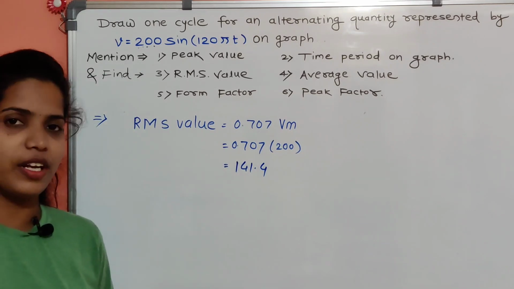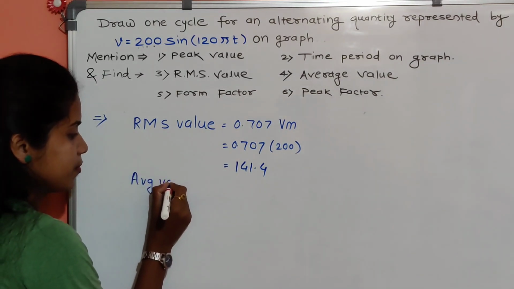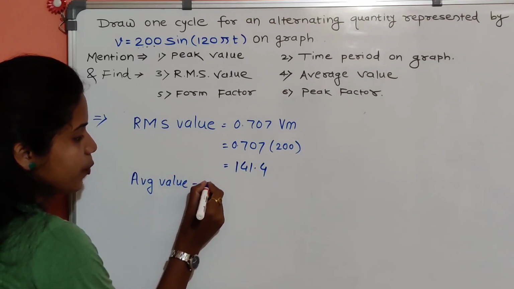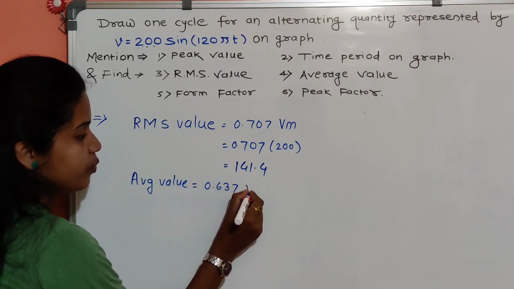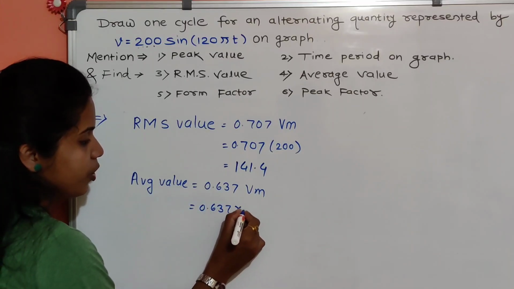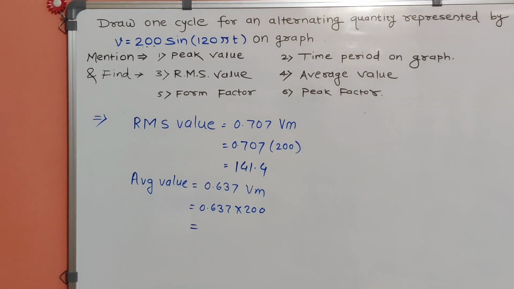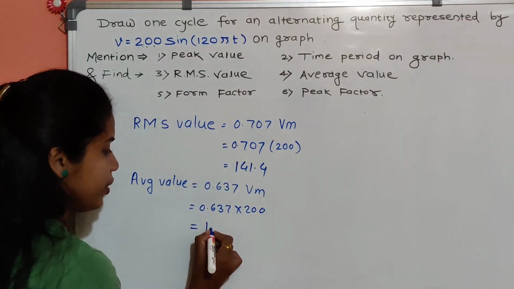Next is the average value. The formula for average value is 0.637 into Vm. 0.637 into 200. Calculate the answer, and the answer is 127.4.